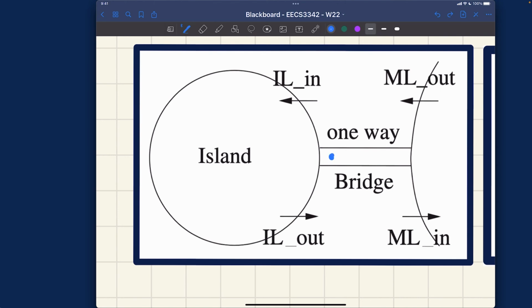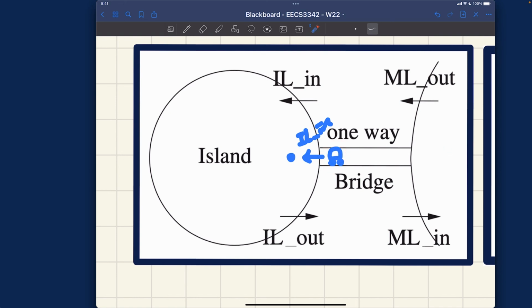If I have one car over here that wants to get off the bridge and go to the island, as we know, it's going to be denoted by ILin. So that will be the event occurrence. You should know that for every such occurrence of a single car, there should be a corresponding earlier occurrence of ML out, because this car here cannot just appear on the bridge magically to begin with. The car must come from the mainland over here, right?